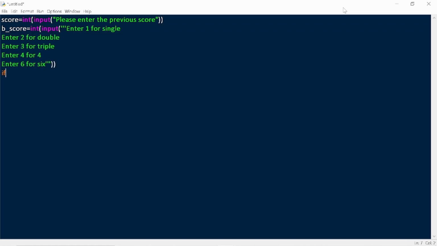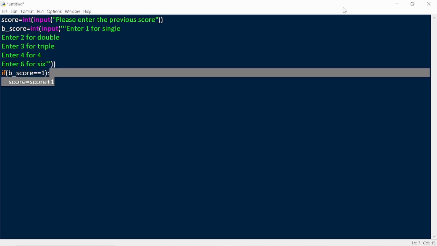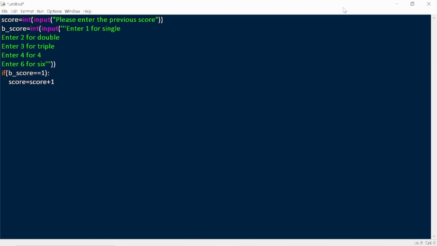So if b_score equals 1, then we should increase the score by 1. Now there are multiple ways to write this.